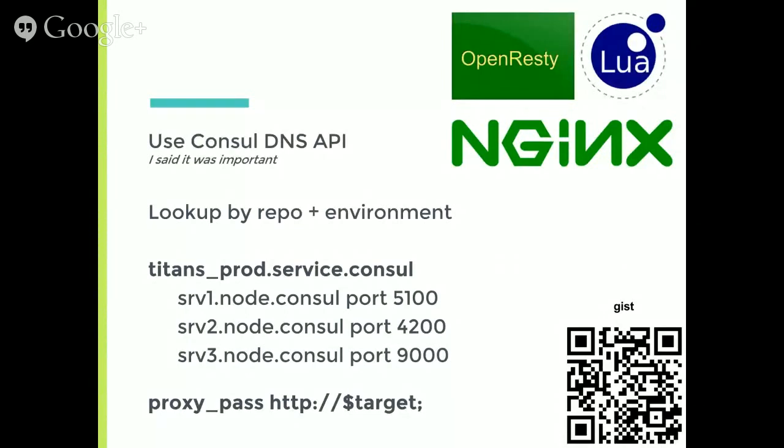Consul will give us a list of all the hosts and all the ports that we need to send this request to. We pick one of them, and we just run a proxy pass on that target. So this is fairly straightforward for Nginx. We do have a sample configuration online, in that gist, but you can have these slides later.